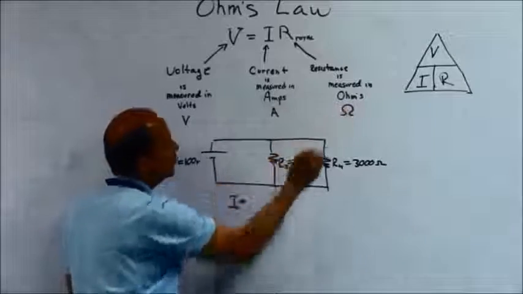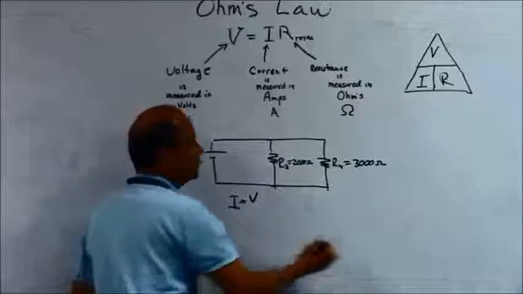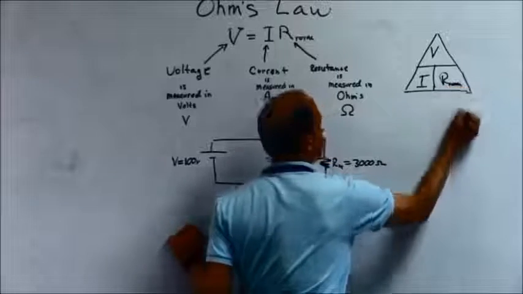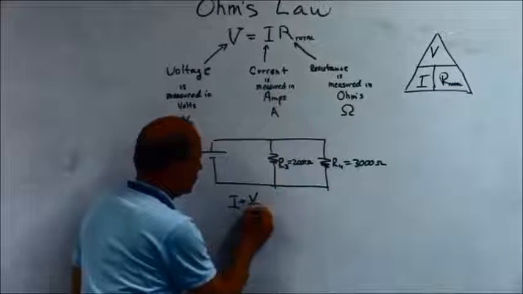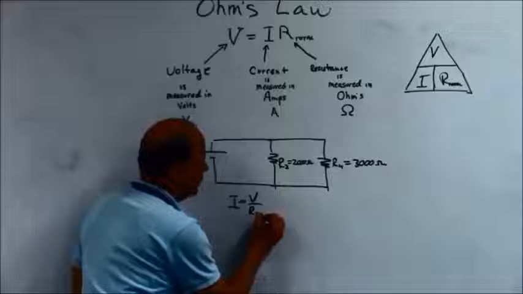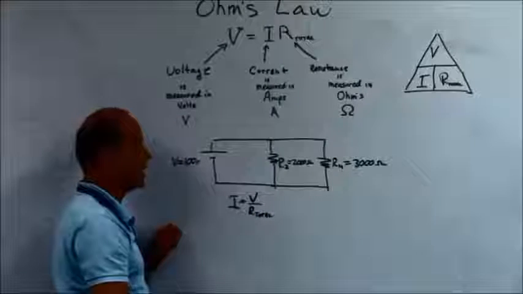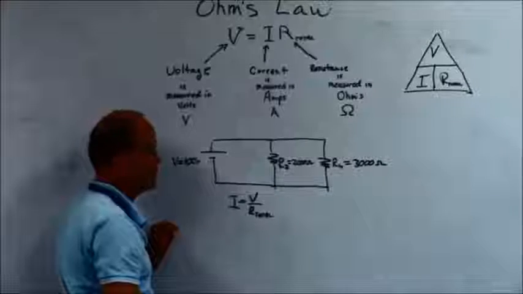Current is still equal to voltage over our total. We need to have total up here, right? But this is going to get kind of messy. In fact, if you know where the inverse button is on your calculator, you're going to become very familiar with it.